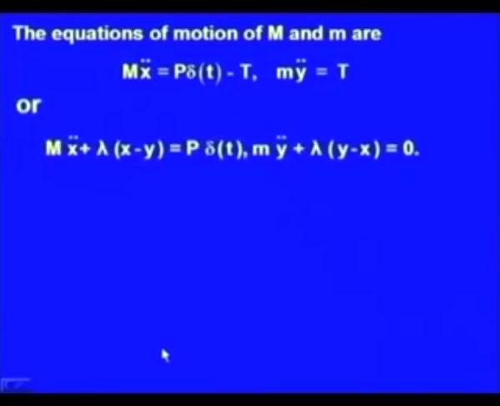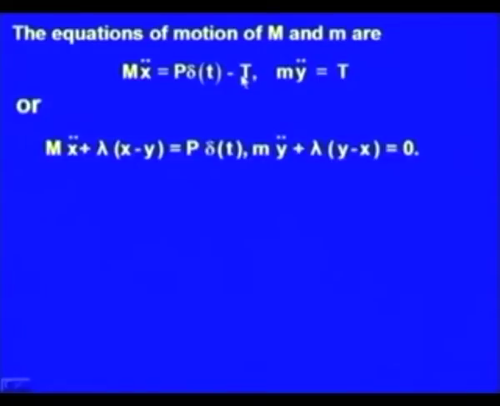The equations of motion of capital M and small m will then be given by capital M x double dot equal to p delta t minus T, because the blow of impulse p is given to the bigger mass, the mass capital M, and so the equation of motion for the mass capital M is M x double dot equal to p delta t minus T, while for the smaller mass m it will be m y double dot equal to T.